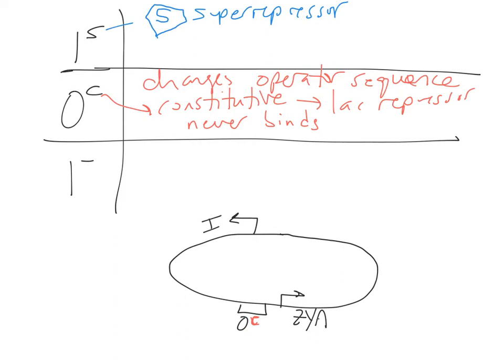So it represses by binding the operator. In what circumstance does lac repressor let go of the operator and let transcription happen? When is it good for the bacterium to have transcription of the lac operon? What sort of environment? When do we want transcription of lacZ, lacY, and lacA?